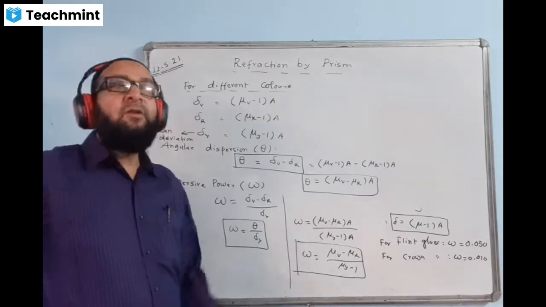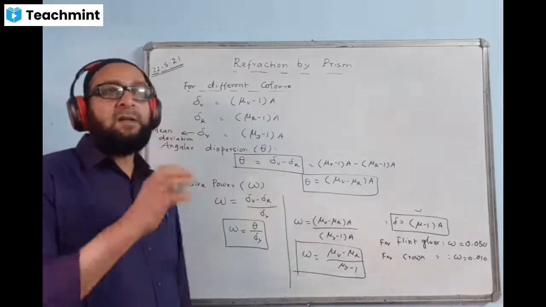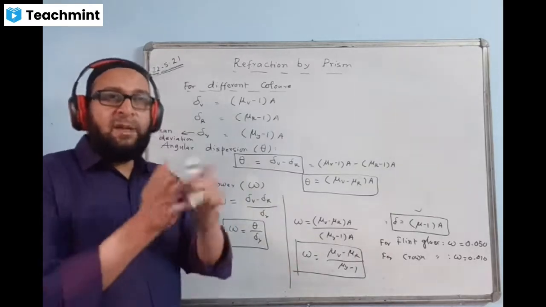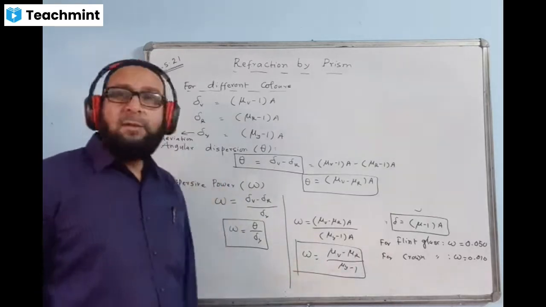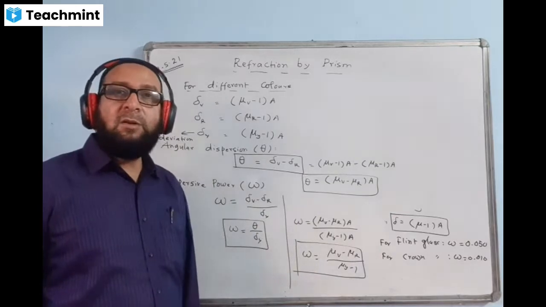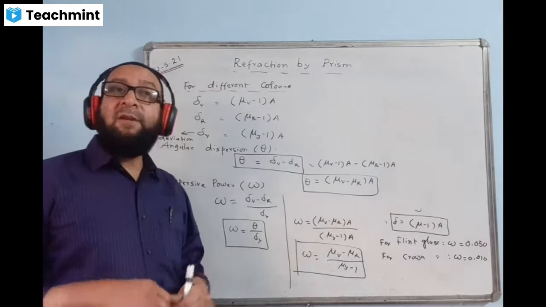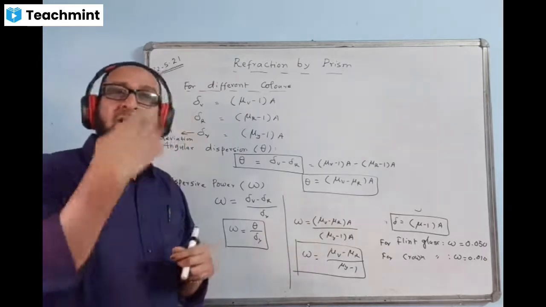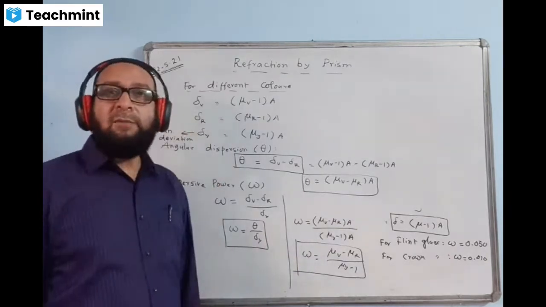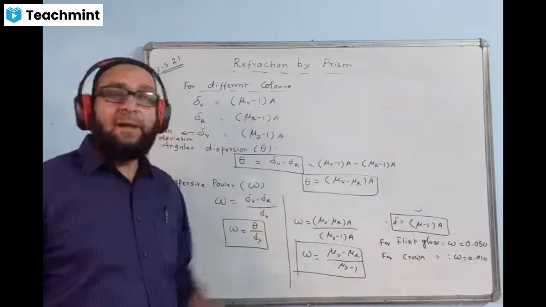You only need to have an idea that flint glass has a greater dispersing power than crown glass. This is an important concept and will be used in the next chapter; there I will make use of this fact.